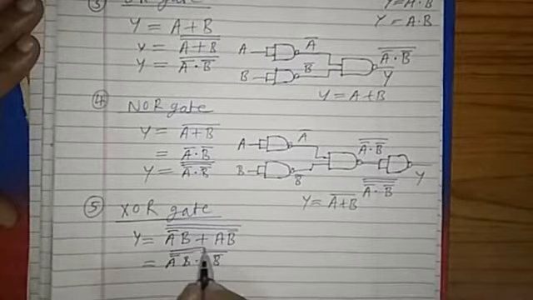Therefore, this expression is sufficient for me to implement using NAND gates. Therefore, I will get A bar here, and then B. This will be A bar dot B whole bar, and here similarly I can do A and B bar.